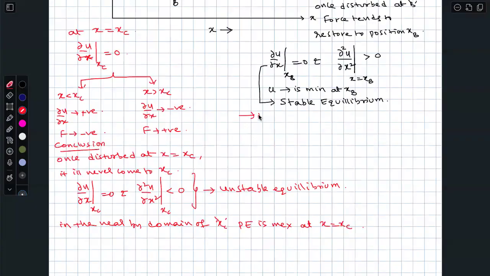Here, in the nearby domain of X is equal to XB, potential energy is minimum at X is equal to XB.